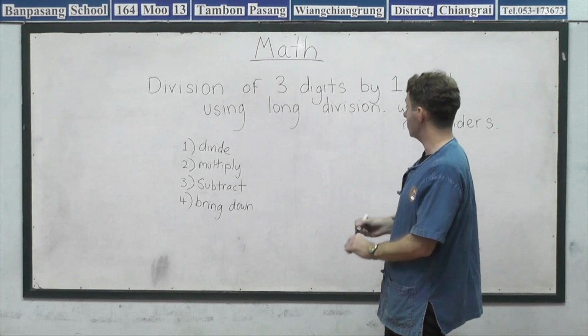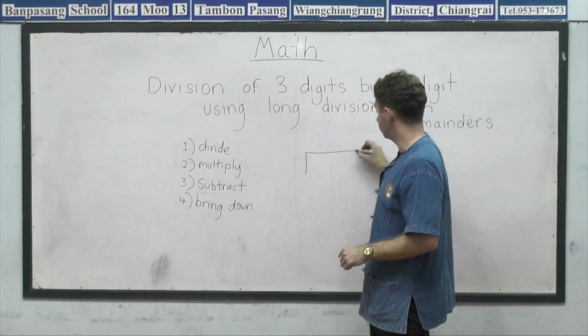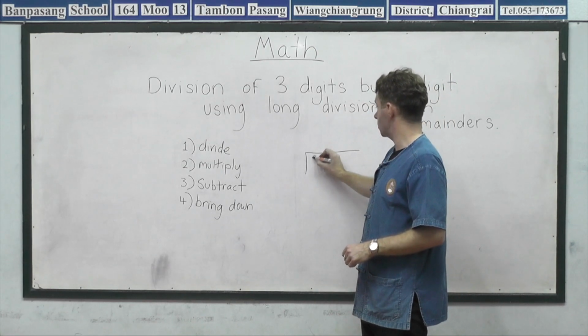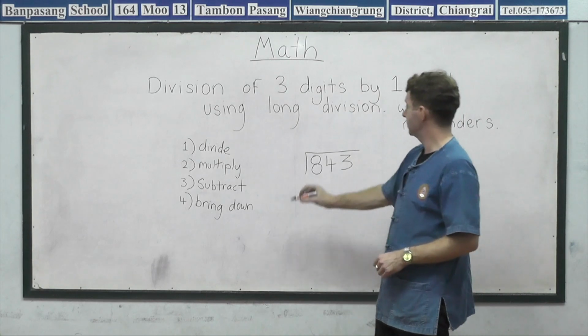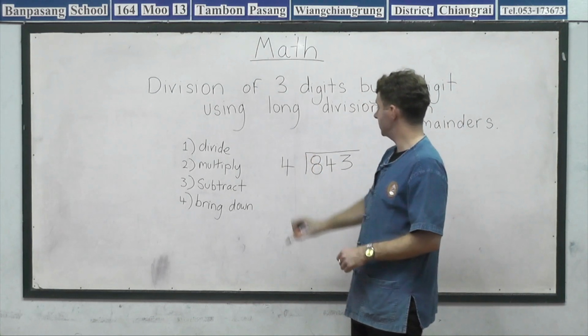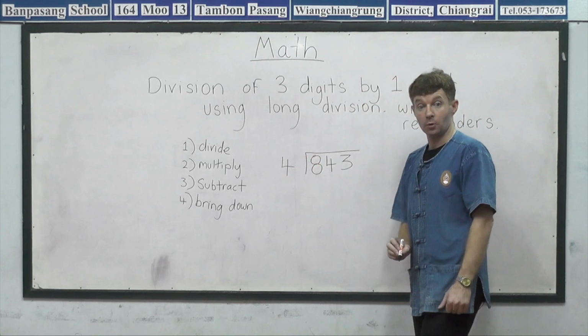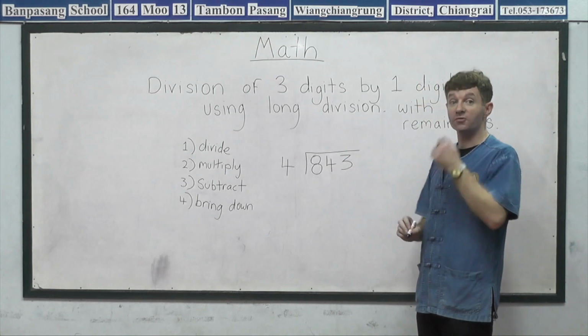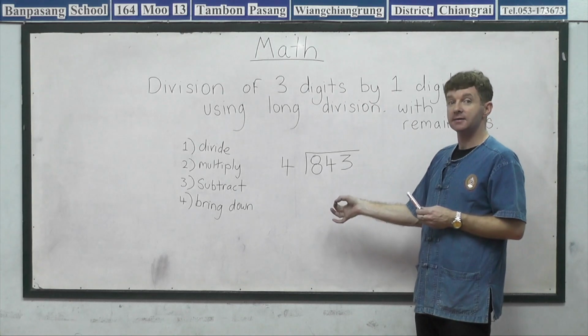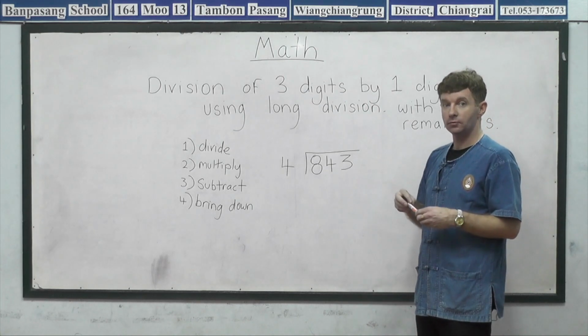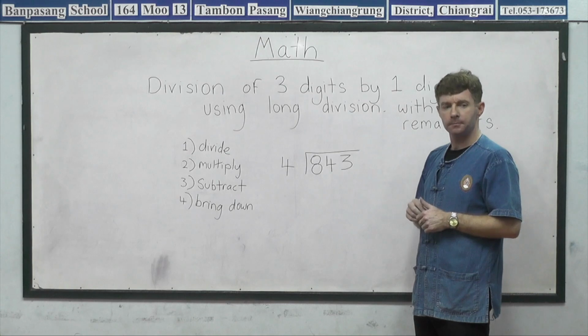So first of all, I will write my division table. And let's see, we will go with 843 divided by 4. Okay? 843 divided by 4.